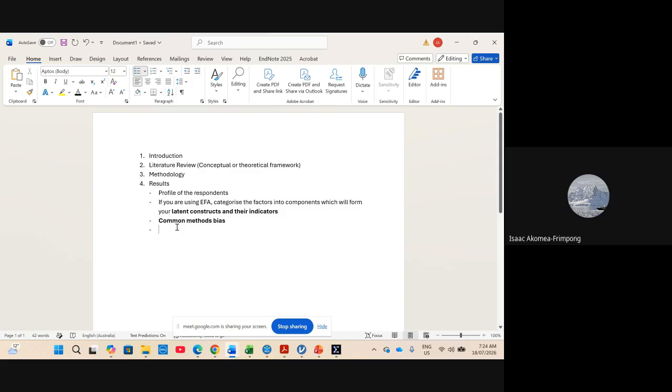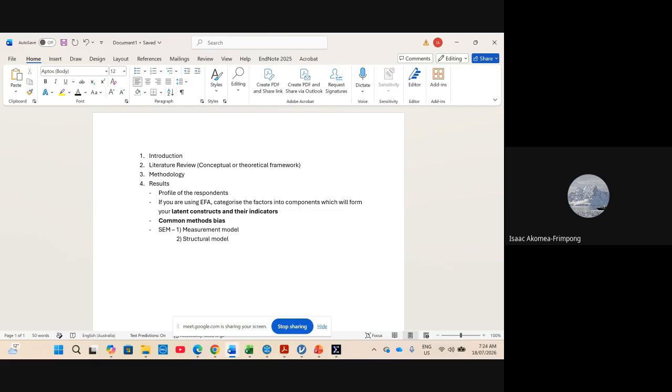But now you come to the main structural equation modeling. In the main structural equation modeling, there are 2 things that you need to check. The first one is the measurement model, and the second one is your structural model. That is what I'm going to run with you today.